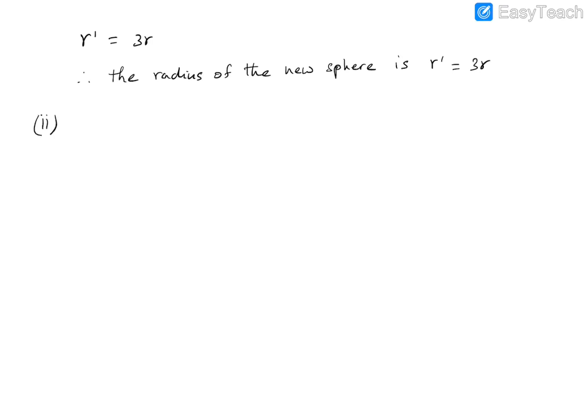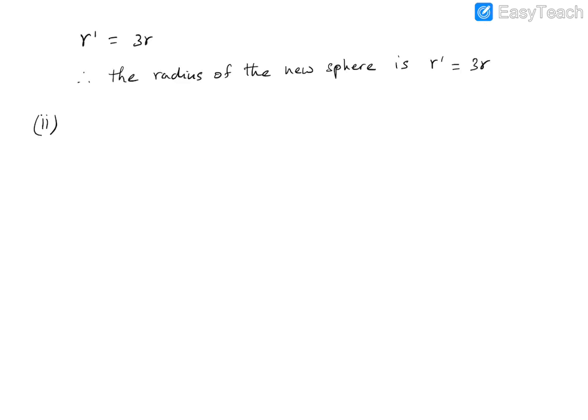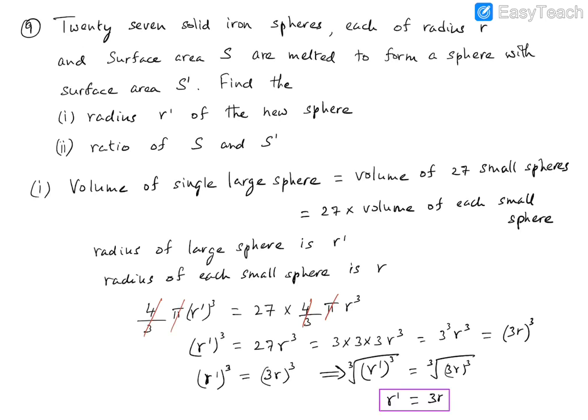The second part of the question is we are asked to find the ratio of the surface area of the small sphere and the surface area of the new larger sphere. So surface area of the small sphere, which we denote as S, is 4 pi r square, because the radius of the small sphere is r.